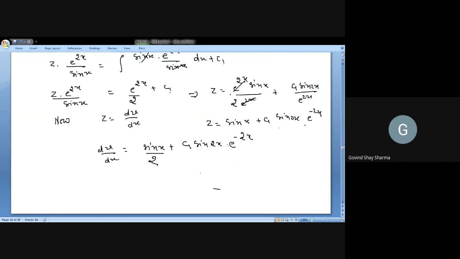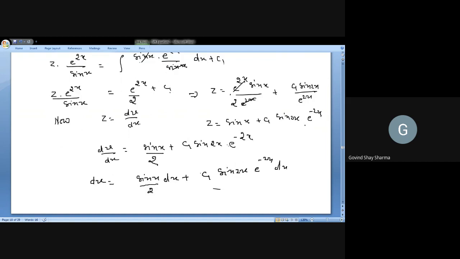If there is a small mistake in the calculation, it will be a problem in our answer at last. So dv can be written as sin x dx plus c1 sin x e to power minus 2x dx. Actually we take dx this side.